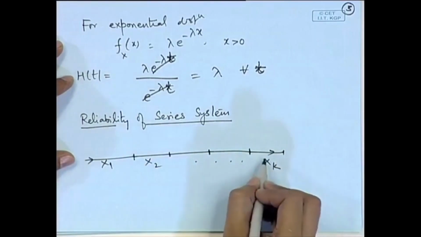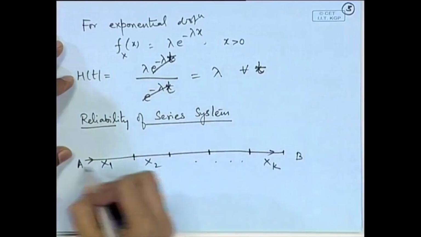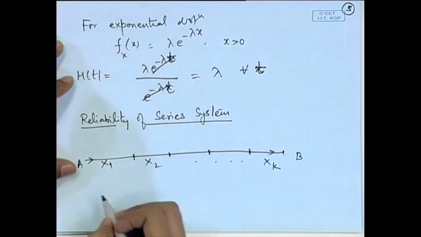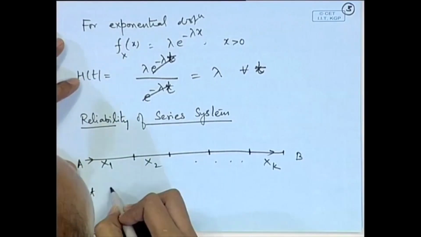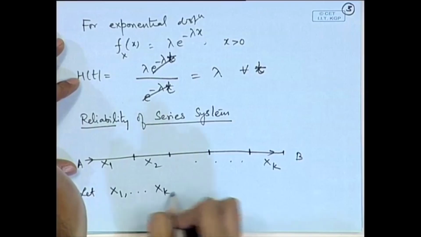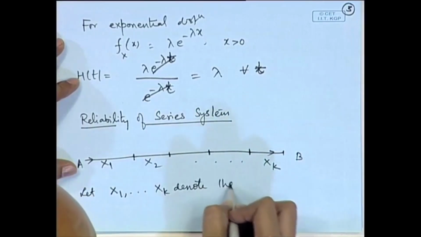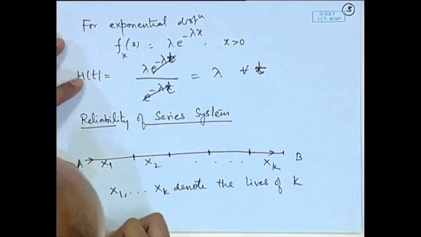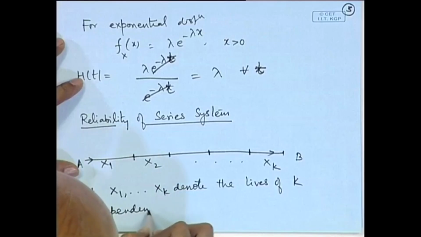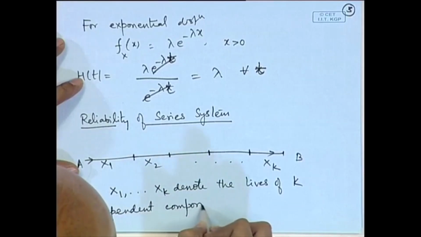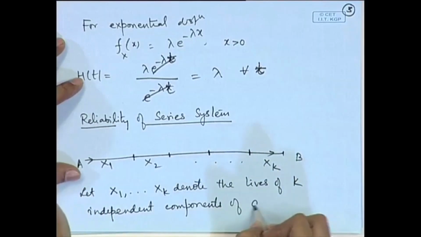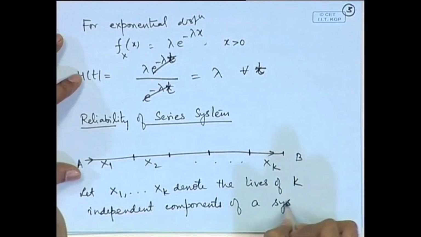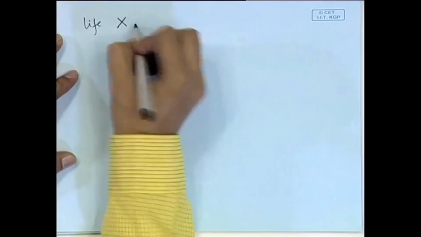That means the entire system will work if and only if all the components are working. So, let x 1, x 2, x k denote the lives of k independent components of a system with, say, life x.